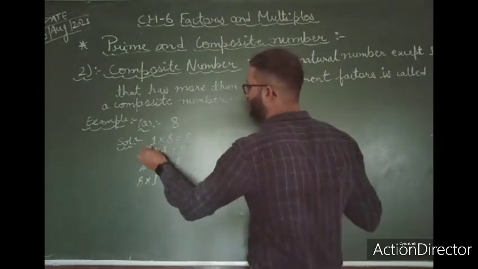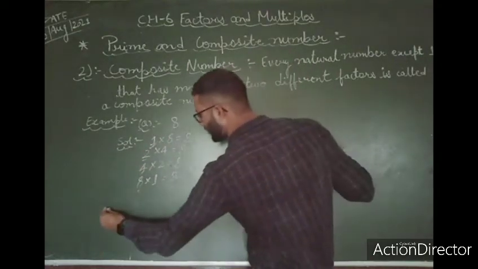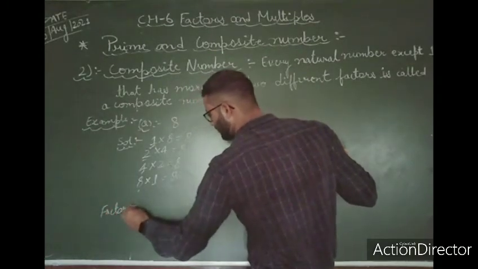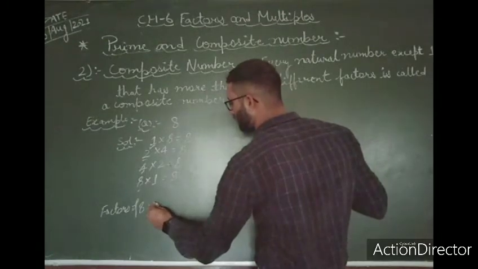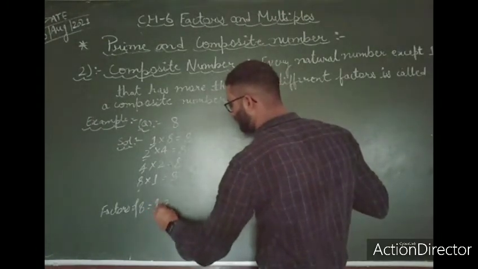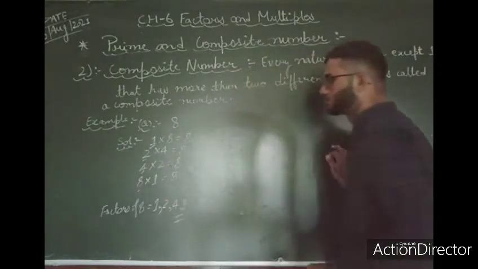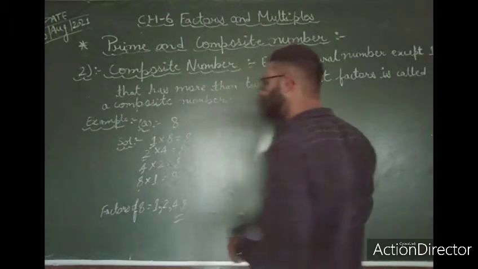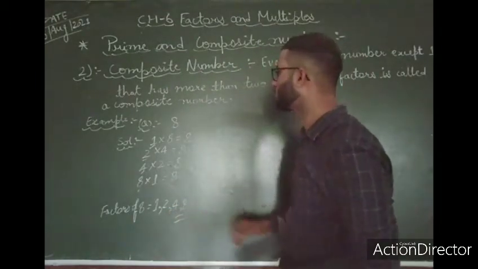So we get the factors of 8: 1, 2, 4 and 8. Factors of 8 is equal to 1, 2, 4 and 8.